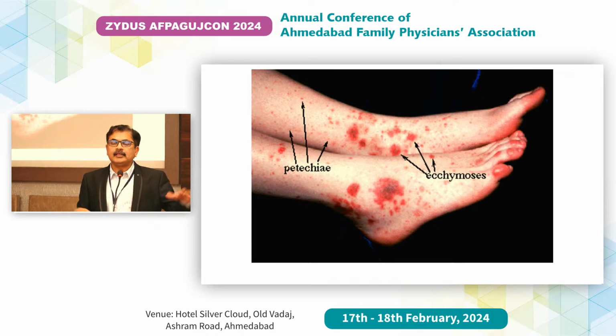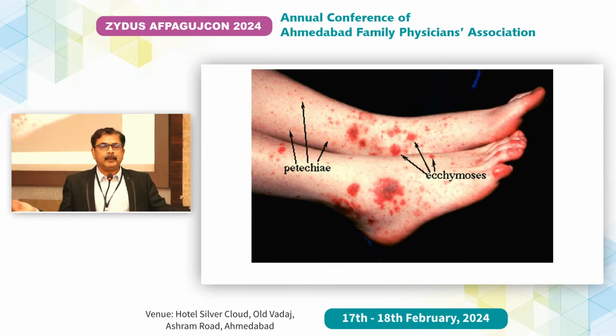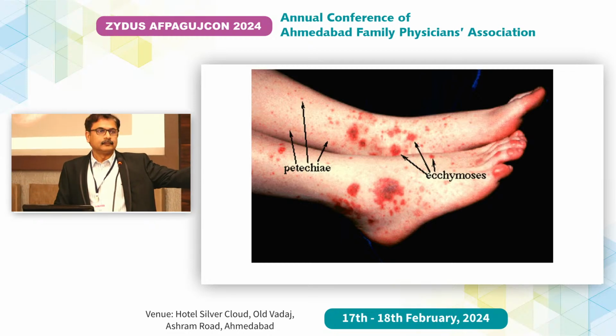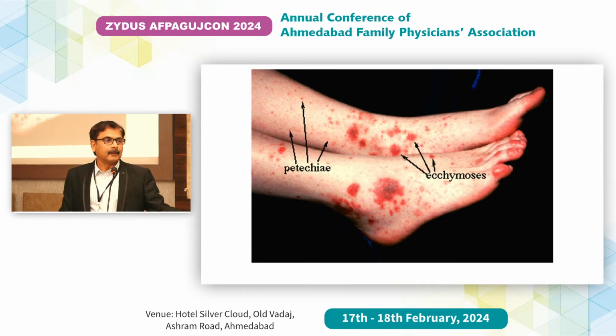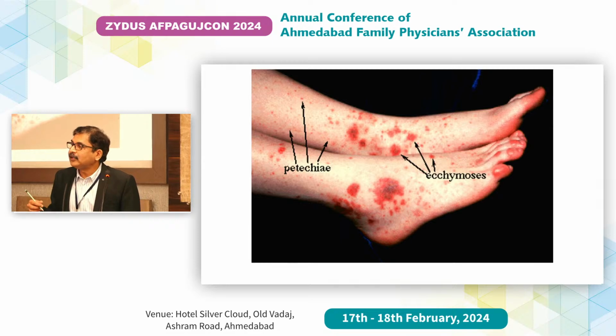So, suppose we say it is because of platelets. What do you expect the platelet count to be when you say something like that? 50 to 70,000.